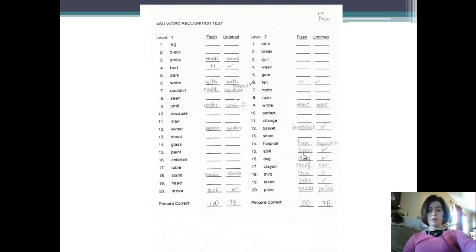So we have 1, 2, 3, 4, 5, 6, 7 times 5 would be 35. Subtracted from 100 is not 60. Oh, they must have counted number 4. I'm sorry. So 1, 2, 3, 4, 5, 6, 7, 8. Times 5 is 40, subtract it from 100 is 60. And you do the same thing for the untimed.